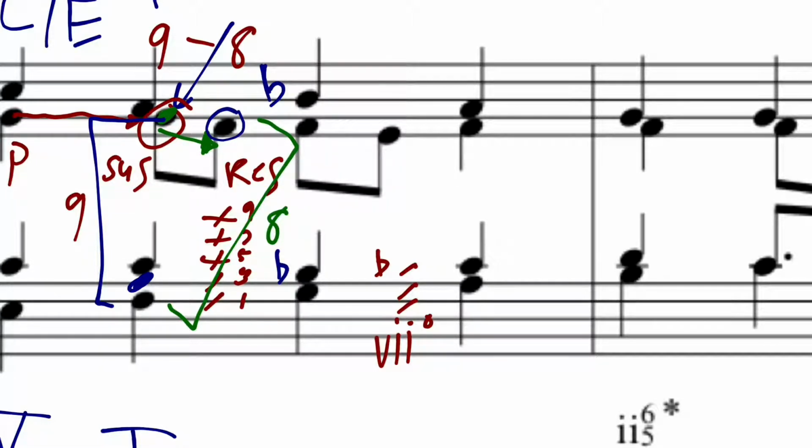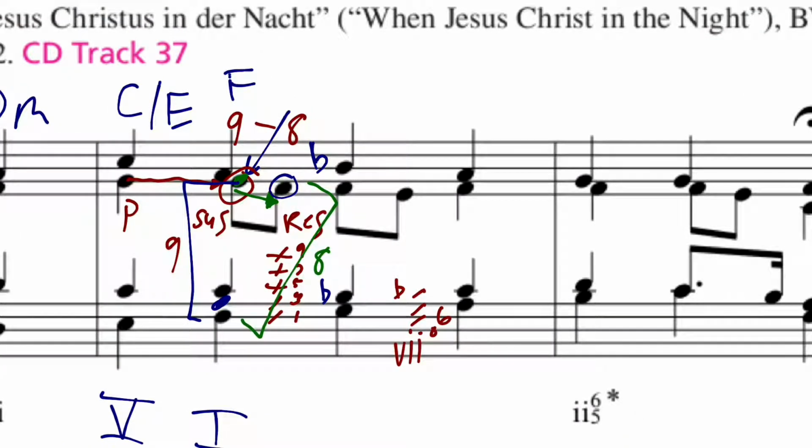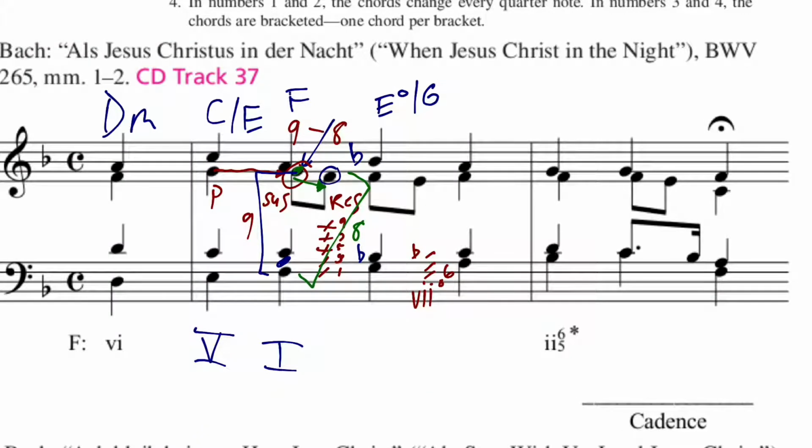Since it's in with a G in the bottom, it would be 7 diminished 6. Right? Let's write that up here too. So it would be E diminished slash what's on the bottom, /G. So that's kind of strange. It doesn't work with the F in it because we don't have enough notes. That means we're going to have to look back a bit.